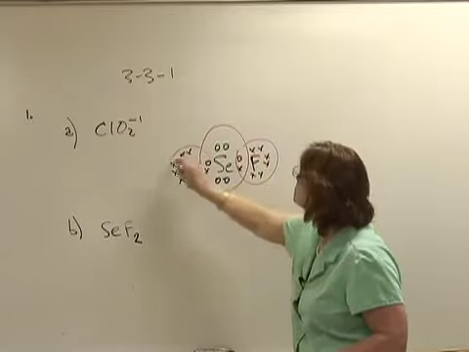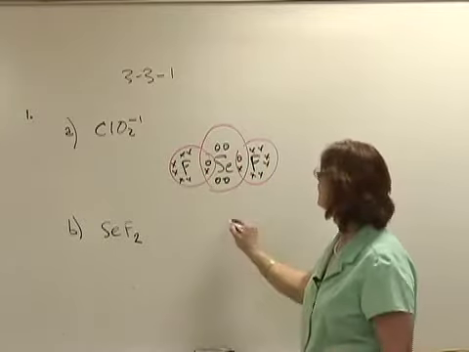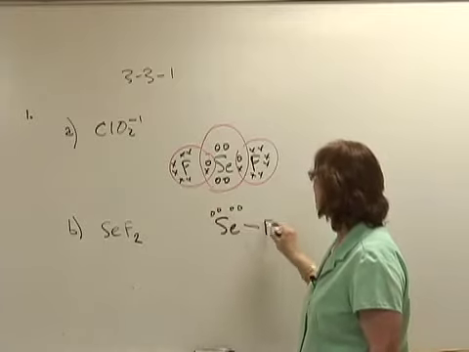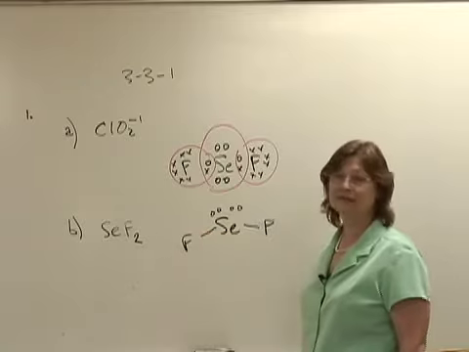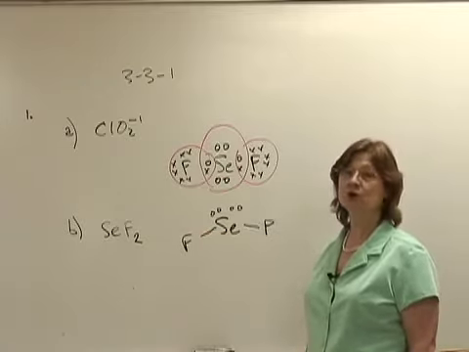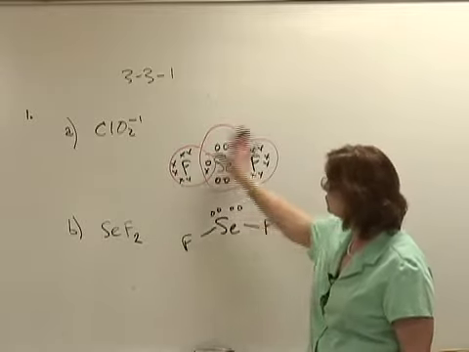and my circles around these fluorines, and I see that I have the selenium with the 2 lone pairs, and now I do not need brackets because this is not charged. The brackets are required when it is a charged particle. And this is polar because of these 2 lone pairs.